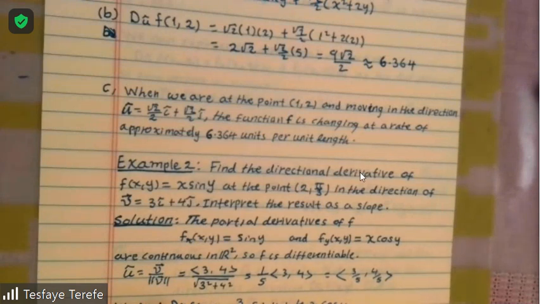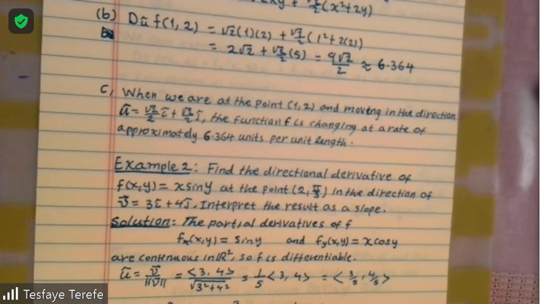Then what we need to do is the directional derivative is going to be 3 over 5 sine of pi over 3 plus 4 over 5 and x is 2 cosine of pi over 3, and this will give us 3 over 5 is the x component.